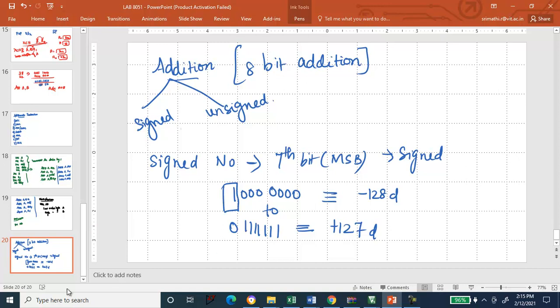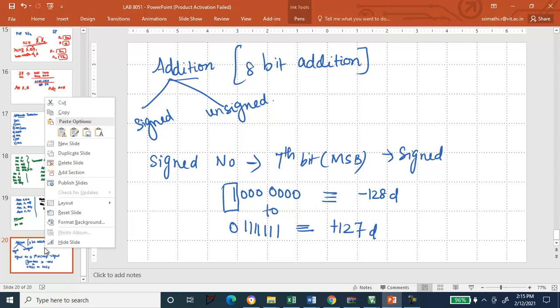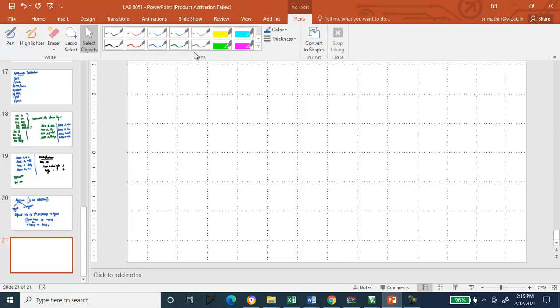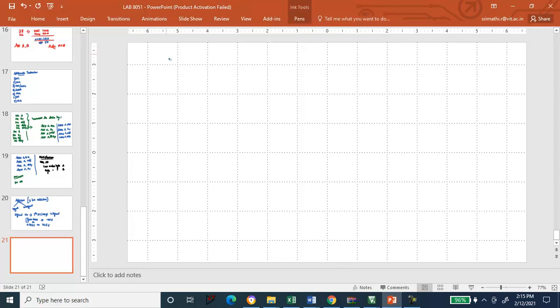In all your arithmetic instructions, we will be dealing with the program status word register, which is an 8-bit register. So keep in mind, in an 8-bit microcontroller, the numbers range from minus 128 decimal to plus 127 decimal. This is the maximum range in which you can perform the operation, and the result should be within this range.